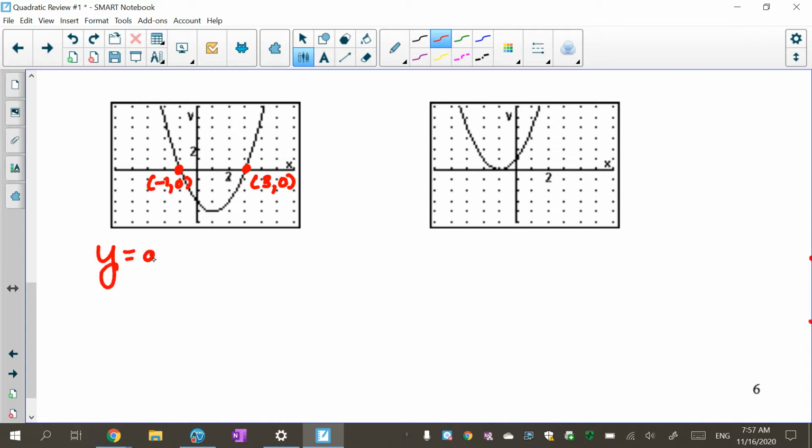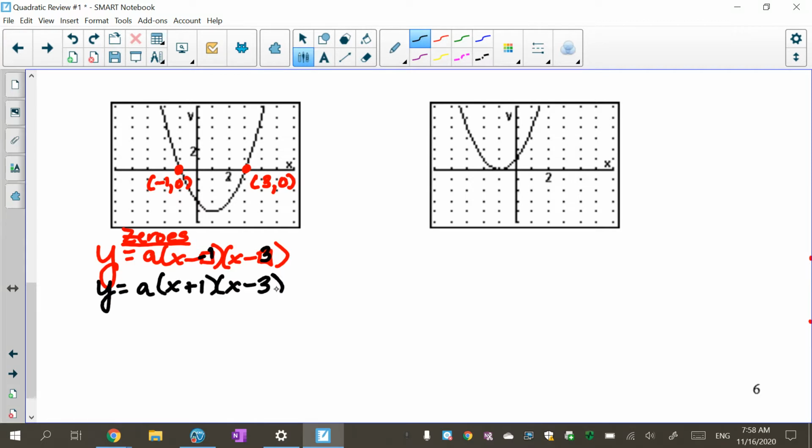So y equals a(x - box)(x - box). Throwing in the -1 and 3, I now have y equals a(x + 1)(x - 3), because it changes the sign.